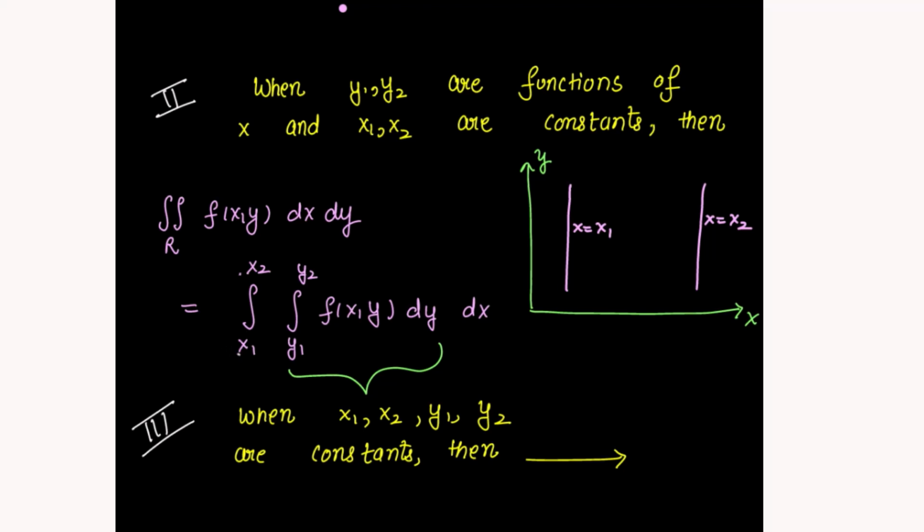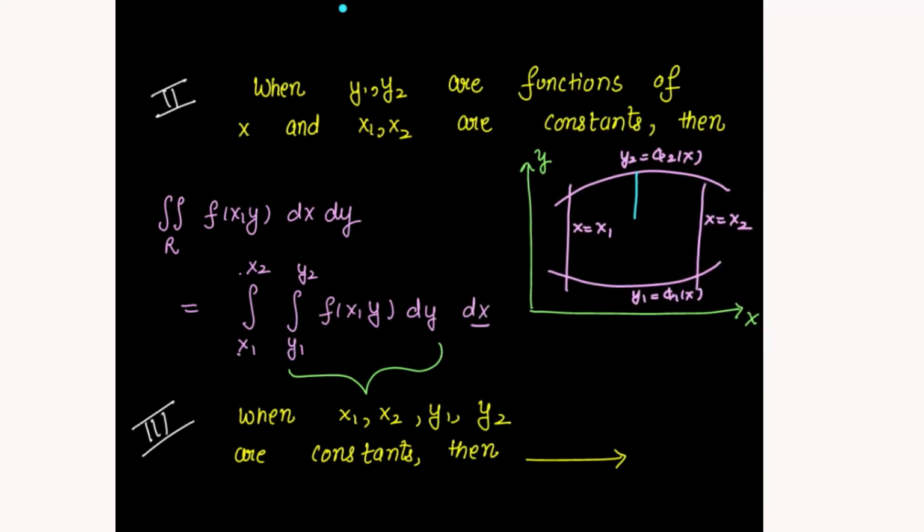And because x1, x2 are constants, you have to write dx on the outer side, and inside write the limits y1, y2, which are functions of x. So let this be your curve y1 equal to phi1(x) and this is y2 equal to phi2(x). These are functions of x, and because y1, y2 are functions of x, you have to integrate with respect to dy. Now the strip should be parallel to, what are the constants? x1, x2. The strip should be parallel to the y-axis.